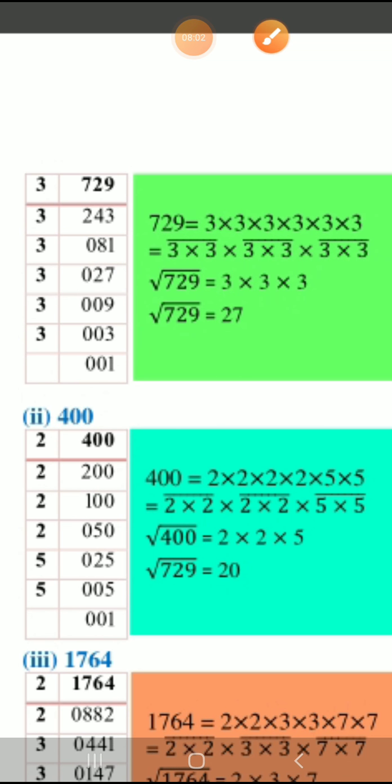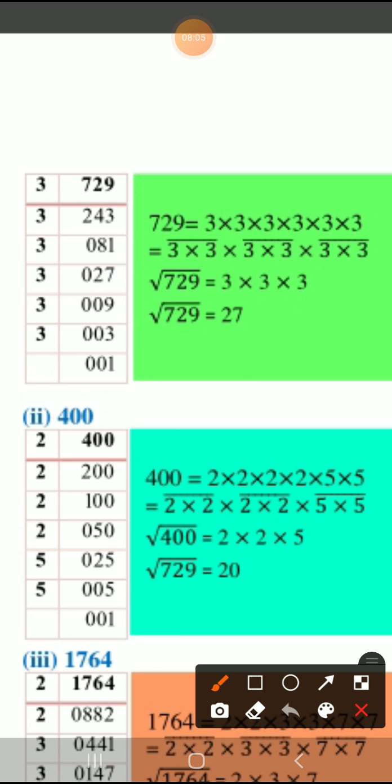That, children, you can see that first we simplify this question by dividing with numbers. Here, just try to understand that first we divide with the smaller numbers so that you can make a pair. Okay, so look at it, in this first part you can see 729.